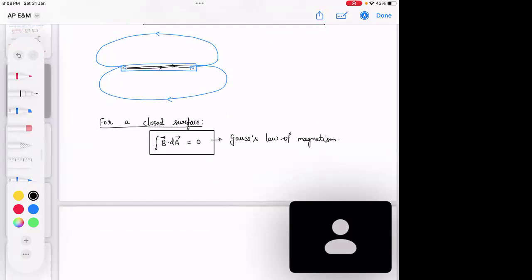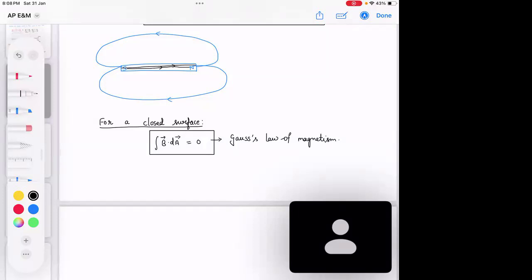So these are the magnetic field lines outside the magnet, from the north pole towards the south pole. Or you can also say that outside the magnet the field line is coming out of the north pole and entering the south pole, and inside the magnet it is from south to north pole.